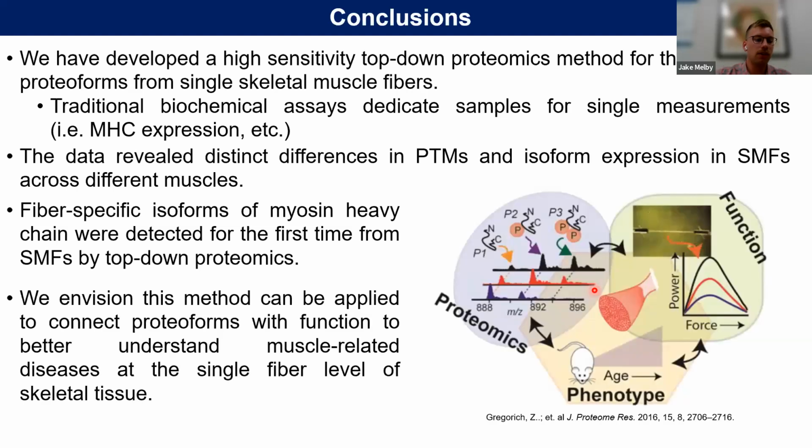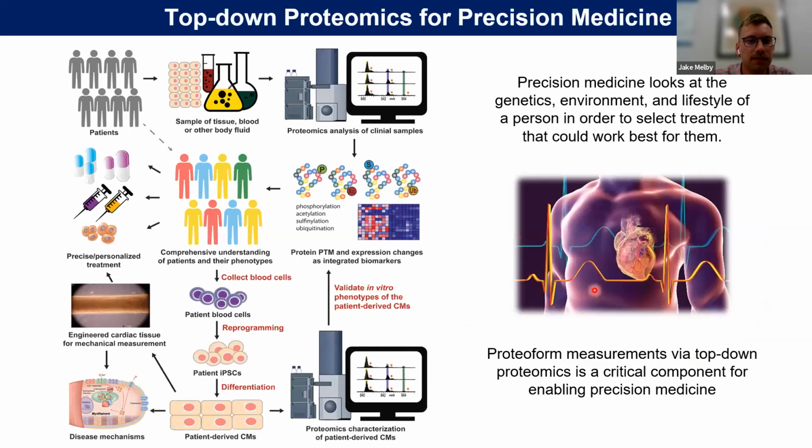So in the future, we're hoping to use this method to connect proteoforms with function to better understand muscle-related diseases at the single fiber level. So being able to perform functional measurements and proteomics measurements using the same fiber to correlate changes in PTMs to the way fibers behave is kind of where we're headed with this.